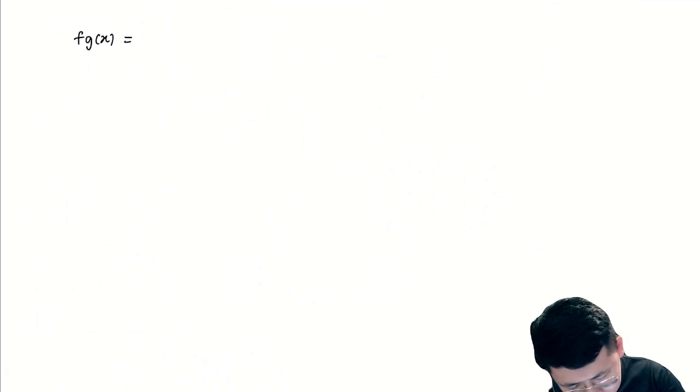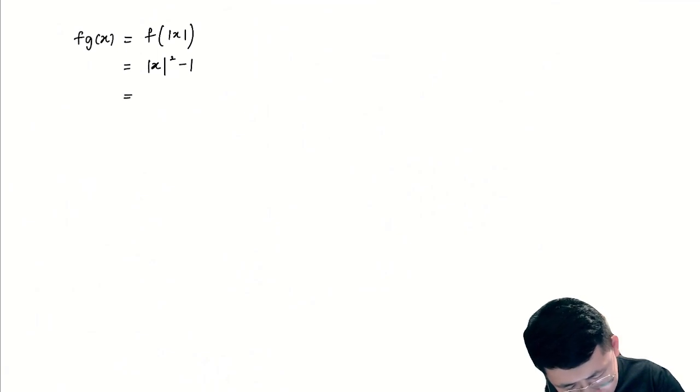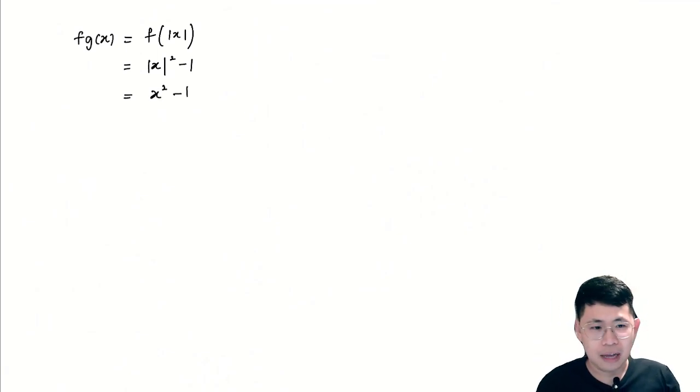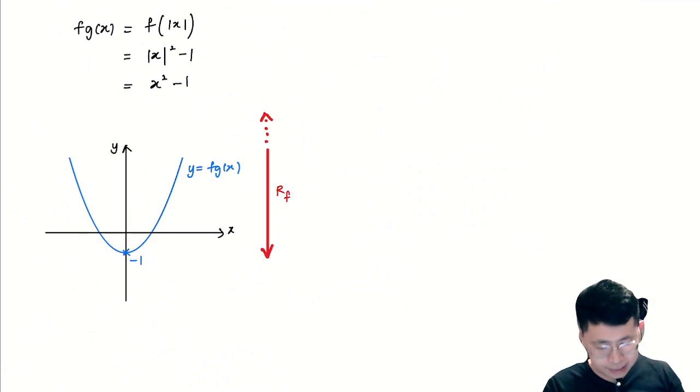Last but not least, we have fg(x). How does fg(x) look like? It will be f of modulus x. Subbing modulus x into our equation of x squared minus 1. Now, modulus x squared is actually the same as x squared minus 1. So it's actually the same as our f(x). Exactly the same graph, exactly the same look.